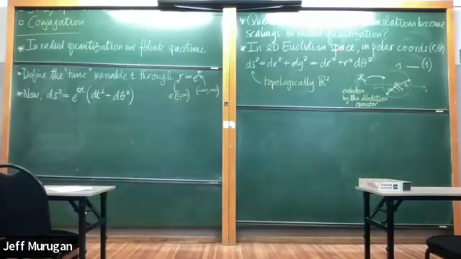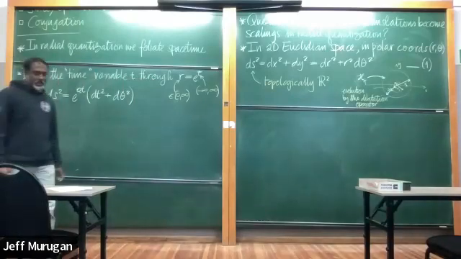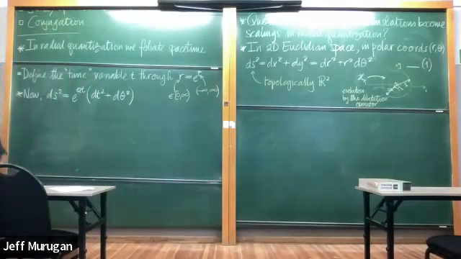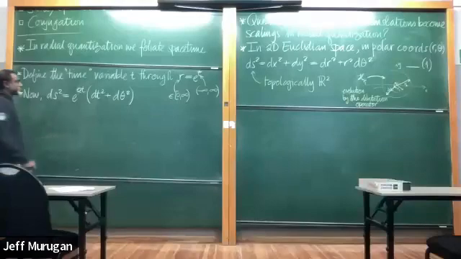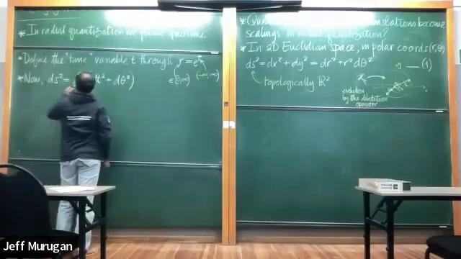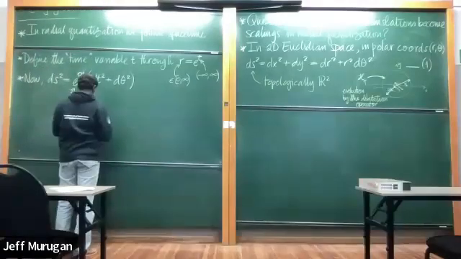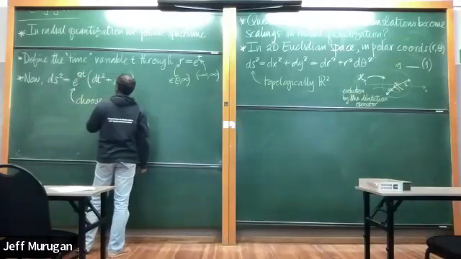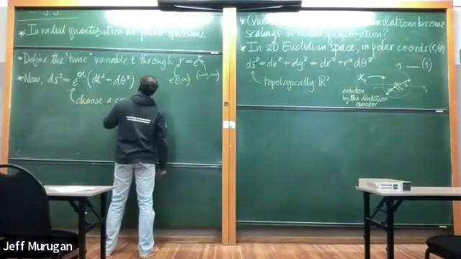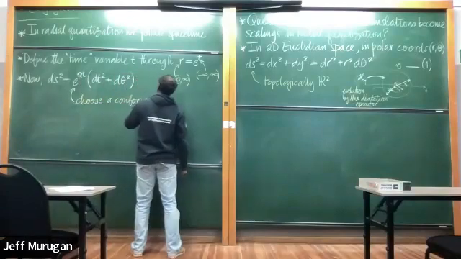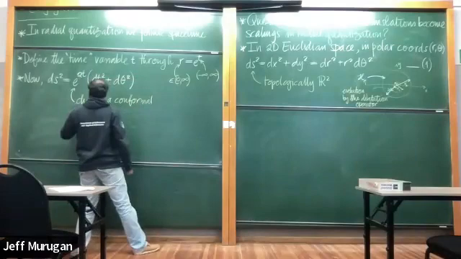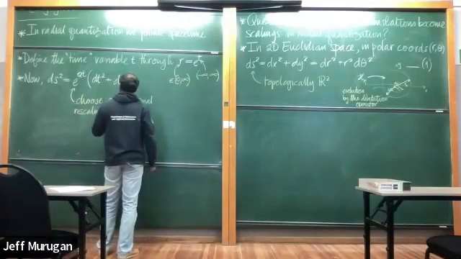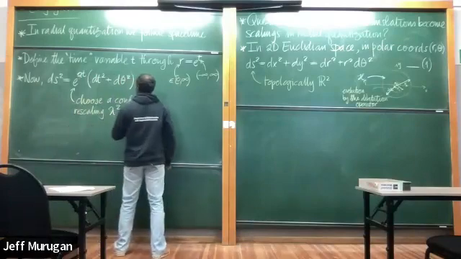So we're interested in conformal field theories, which tells us that we can always rescale the metric by some suitable conformal factor. So let's choose a conformal rescaling of the metric by lambda squared.